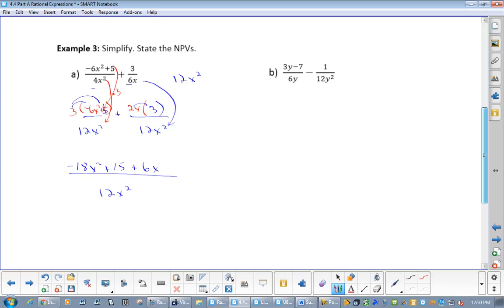Okay, now sometimes we're like, oh, good, I'm all done. Well, is there anything that we can factor out of the top? A 3. So that would be 3 times negative 6x squared plus 5 plus 2x, and that's all over 12x squared.